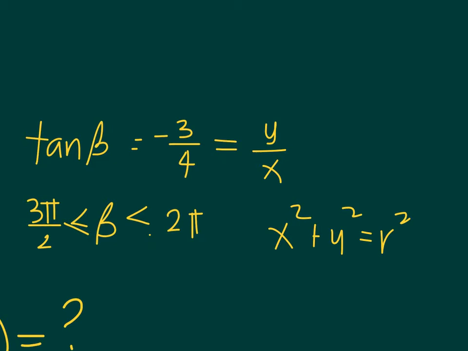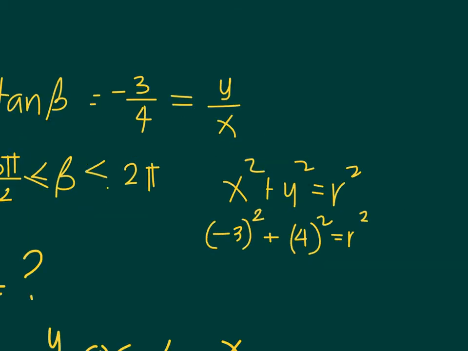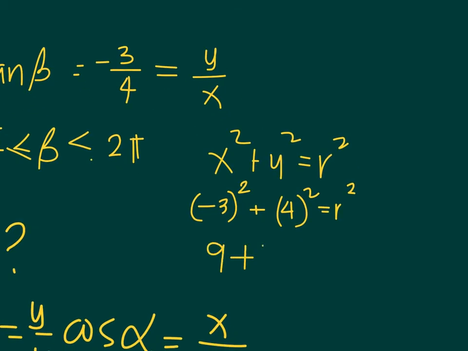The negative sign you can place on the 3 or on the 4, it doesn't matter, but make sure you only put it on a single number, not both. So negative 3 squared plus 4 squared is equal to r squared. 9 plus 16 is equal to r squared. R squared is equal to 25. Therefore r must be equal to 5.